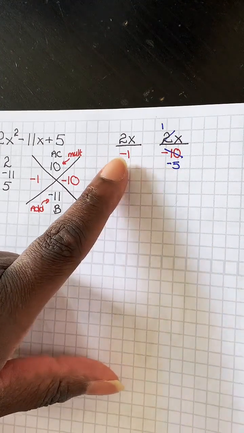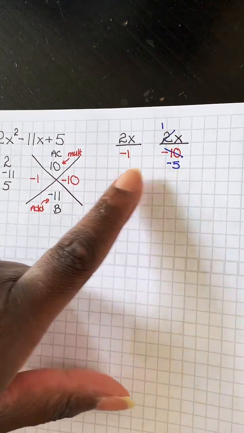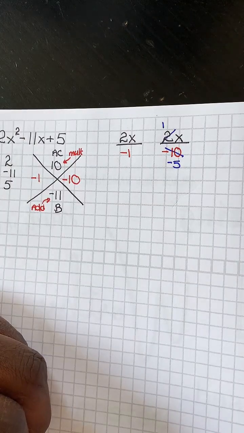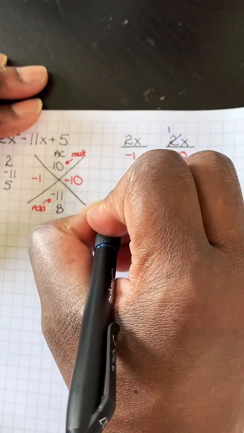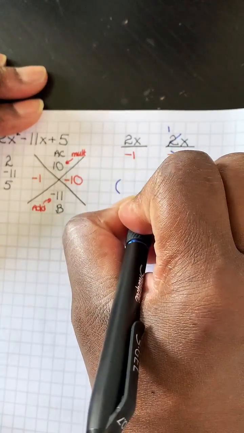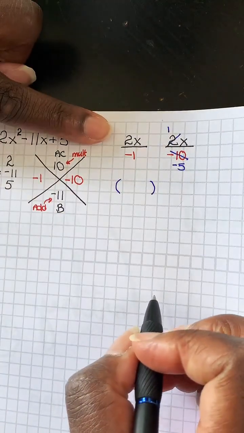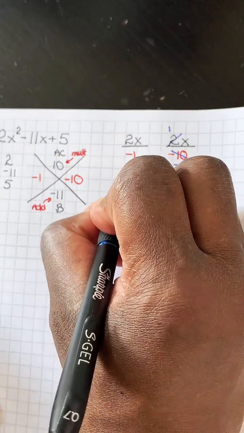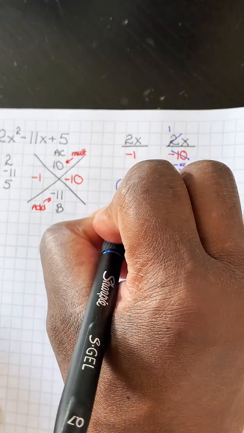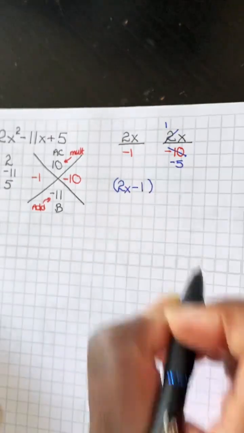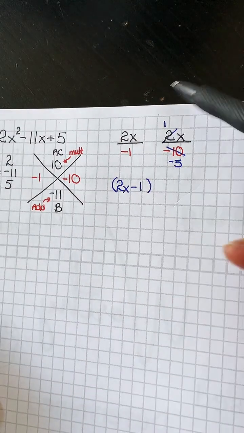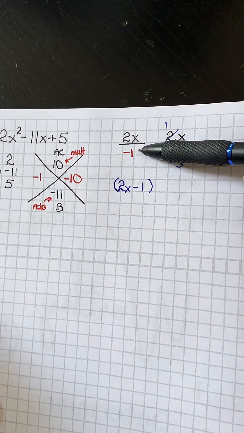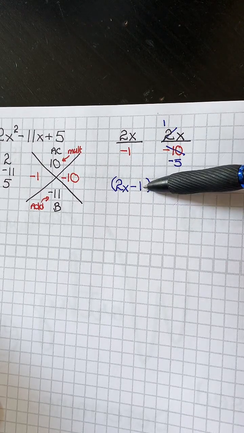These two fractions are basically your 2 parentheses. One parenthesis is just like this. Start with the numerator. It's going to be 2x minus 1. The 2x came from the numerator, and the minus 1 came from the denominator.